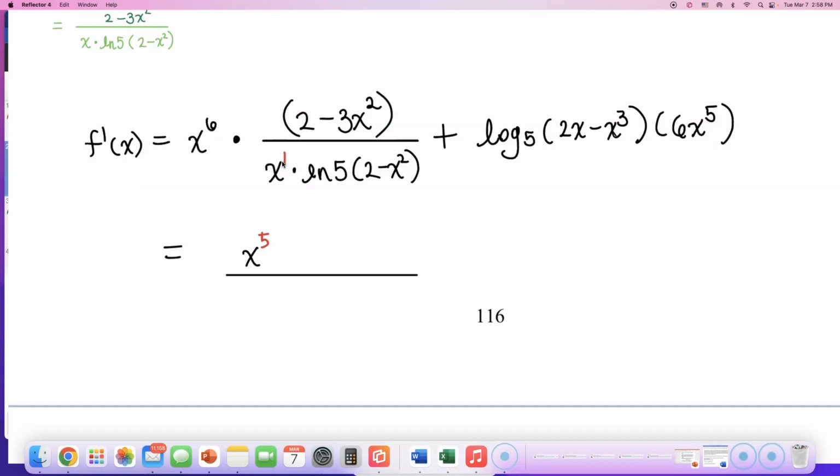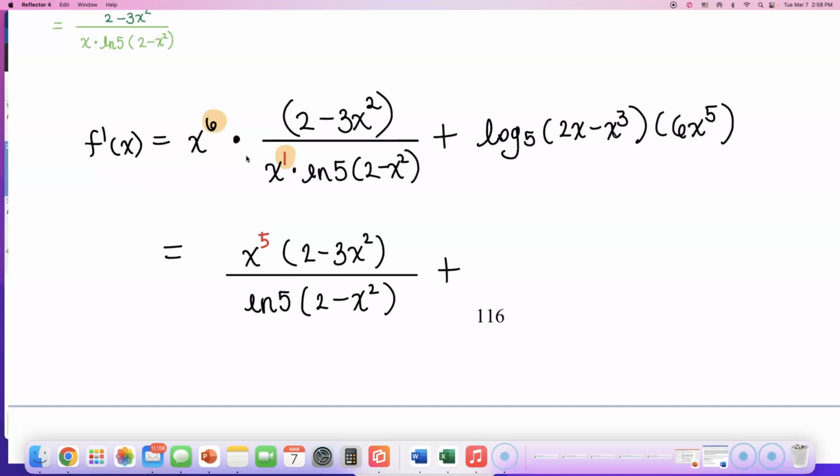I just did 6 minus 1 to get this 5 up here. Now I'm going to copy down the rest of it the same: 2 minus 3x squared, but no more x in the bottom, because we simplified these two. I'll have natural log of 5, 2 minus x squared.